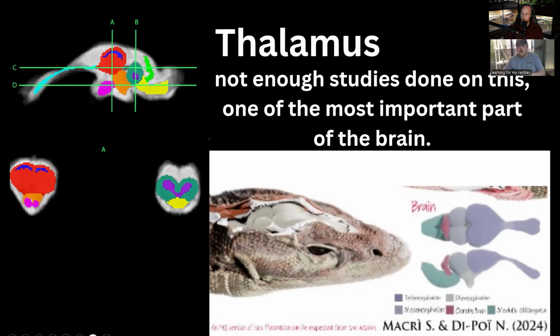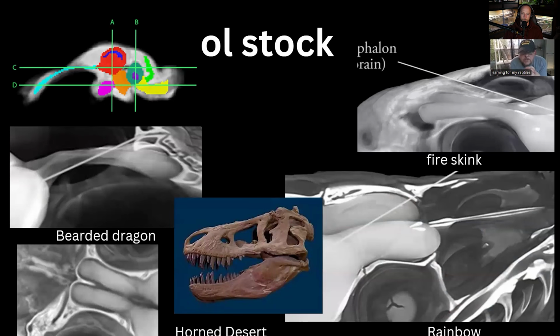So the olfactory bulb. So we've jumped, and we can see massively different olfactory bulbs. We know bearded dragons, chameleons, agamas, iguanas often have 10 to 15% of their brain as olfactory bulb, whereas skinks and monitors are over 20%, whereas snakes are often over 30% of their brain mass is the olfactory bulb.